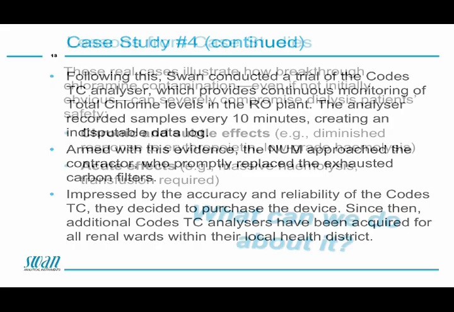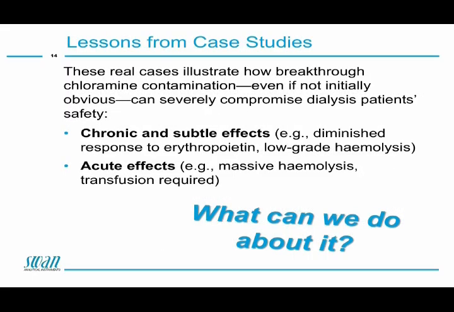What do we learn from these case studies? Well, these real-life cases illustrate how breakthrough chloramine contamination, even if not initially obvious, can severely compromise dialysis patient safety. Now, if you think about it, your average dialysis patient probably has blood tests every 3 months or so.